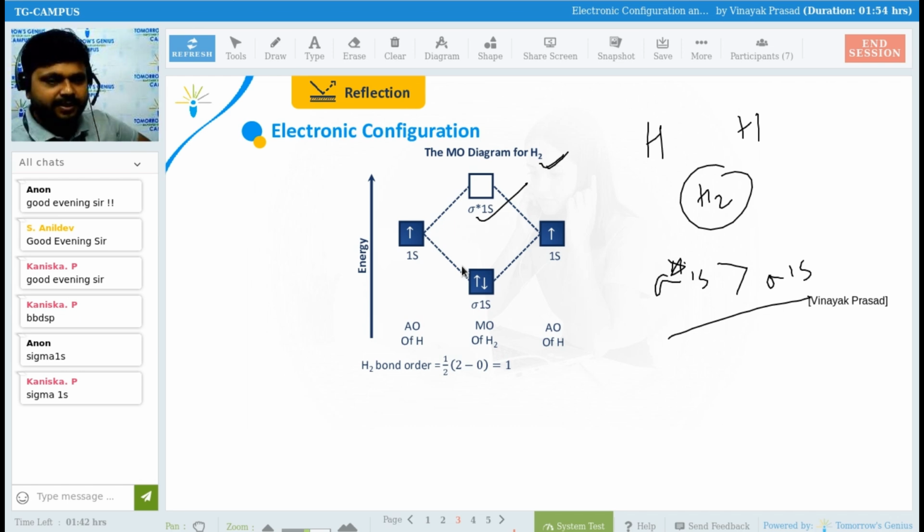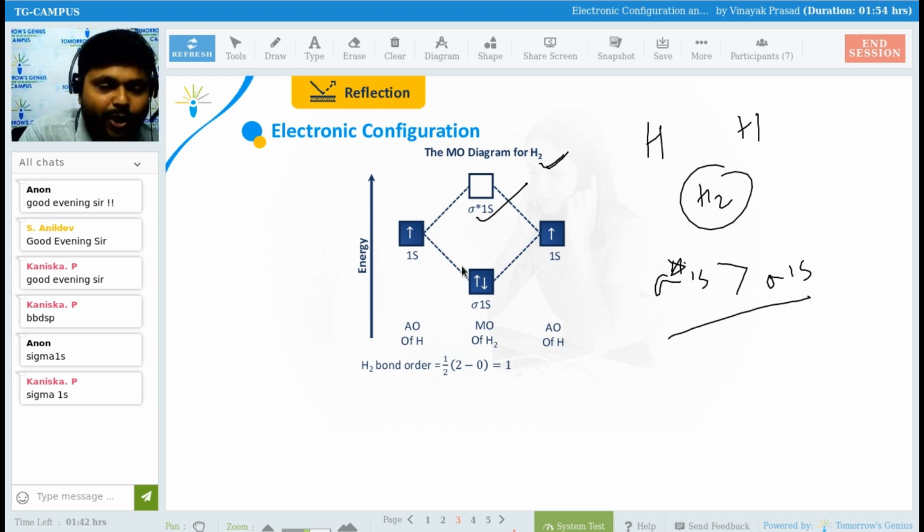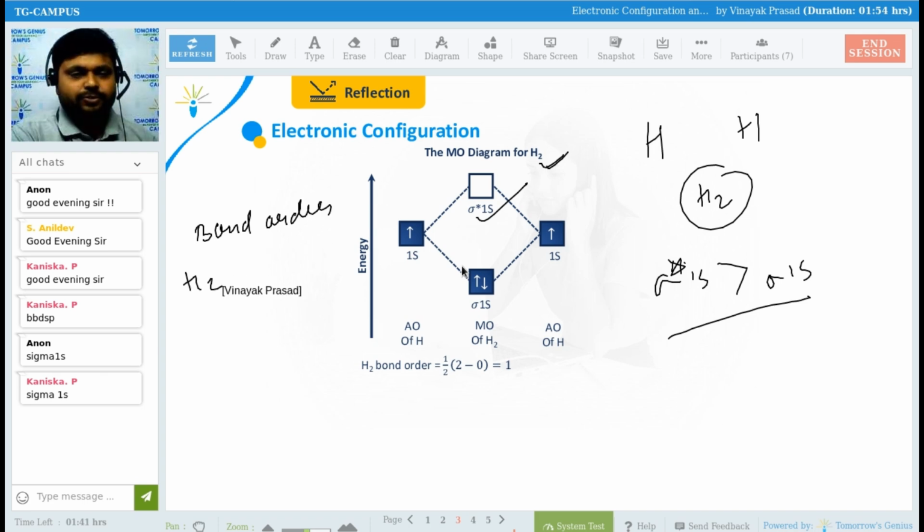Getting my point? Easy. Now, if I want to find the bond order of the H2 molecule, first of all, try to understand what this bond order is. Does anyone know about the bond order? Nilambri, please turn on your camera.